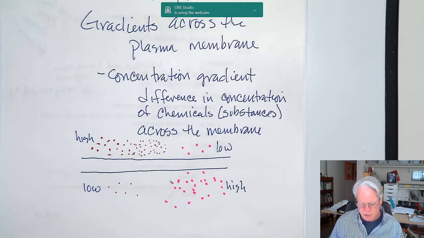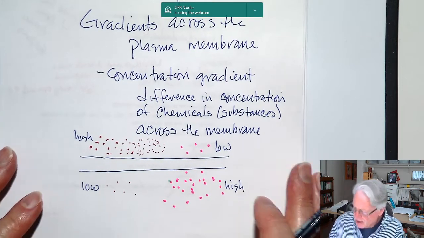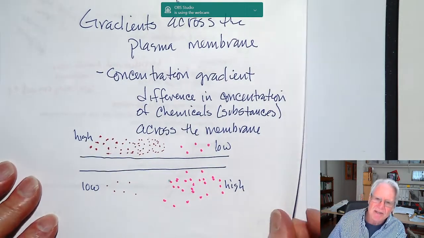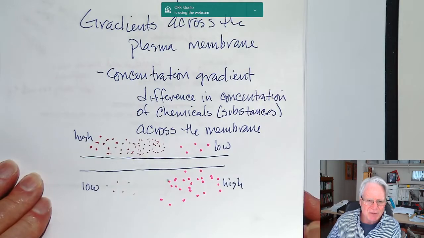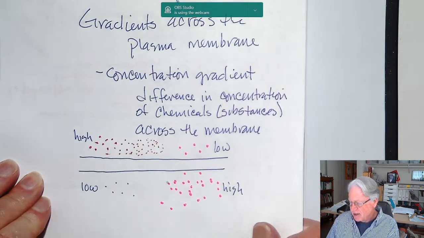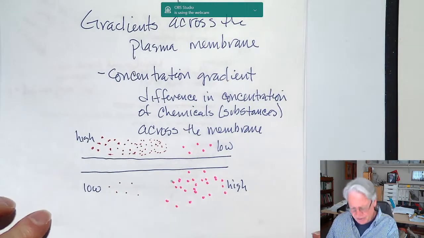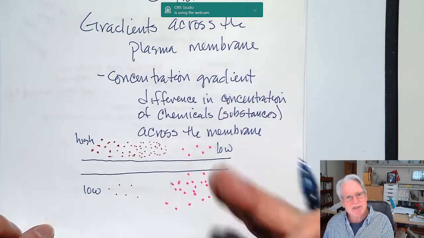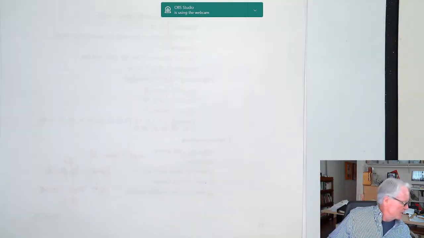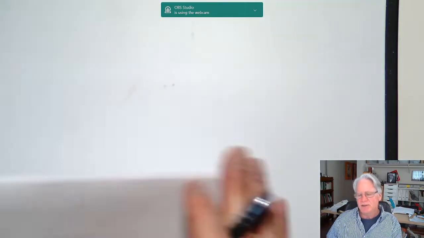Very simple, straightforward. Okay. Now, the type of things that are differently concentrated across the membrane can be divided into two very broad categories. So let's develop this idea a little bit more and talk about what kinds of things are going to create a concentration gradient.